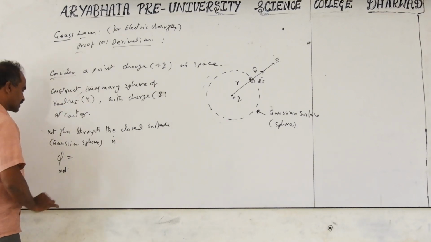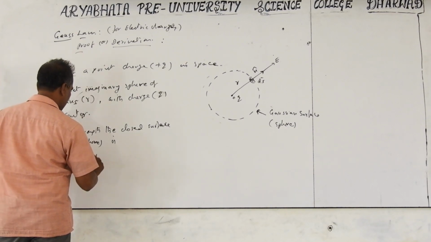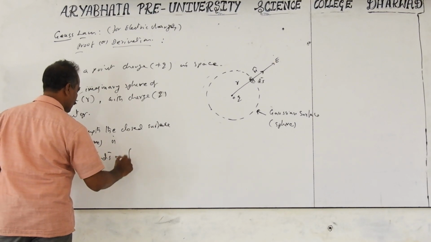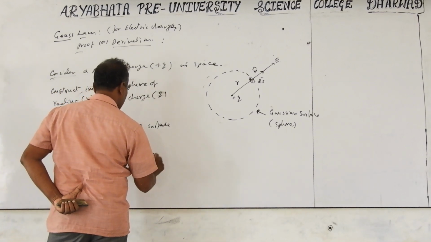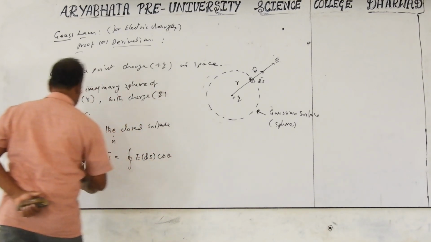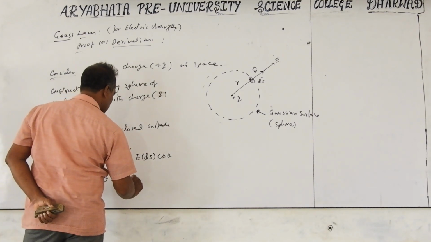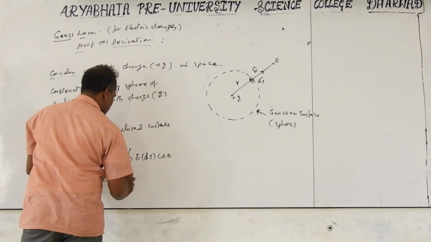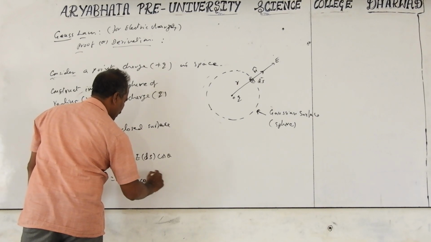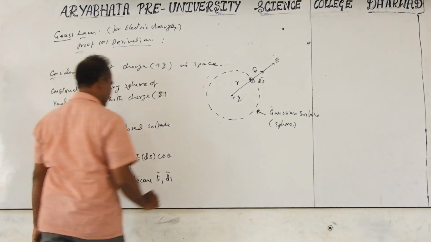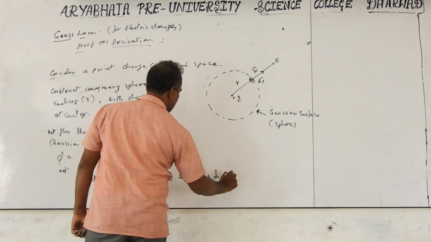Net flux means phi is equal to the closed integral of E dot ds, which is equal to the closed integral of E into ds into cos theta, but theta is equal to 0 degrees, since E and ds are in the same direction.